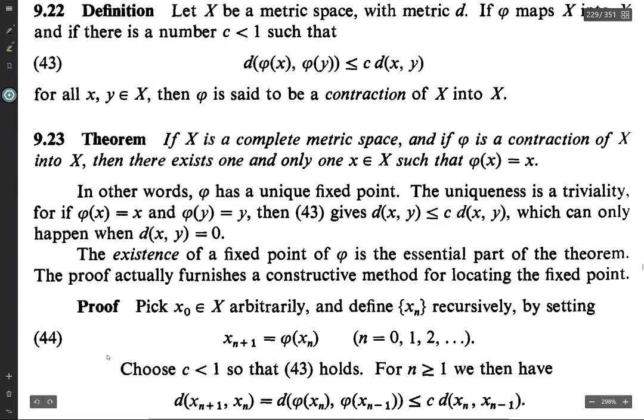Alright, so now this is a little bit strangely worded. It says choose c less than 1 so that 43 holds. I think it's more that since phi is a contraction, c is already sort of given to you. Since phi is a contraction, we know that such a c exists, so you just use such a c.